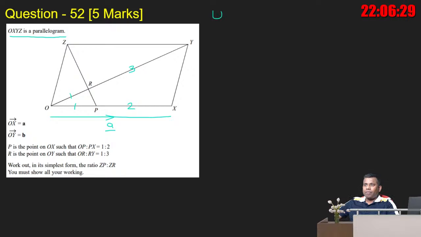So they have given OX is A. So OP is 1/3 of A vector, OP, right? Now, this vector is A also.